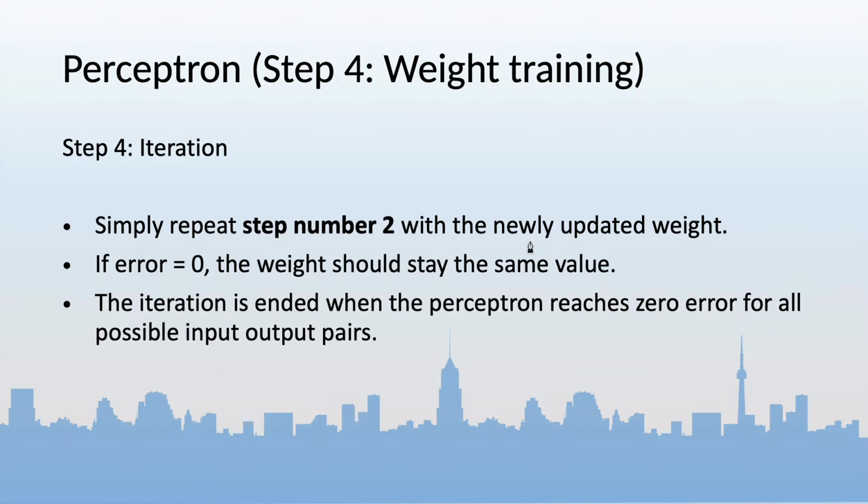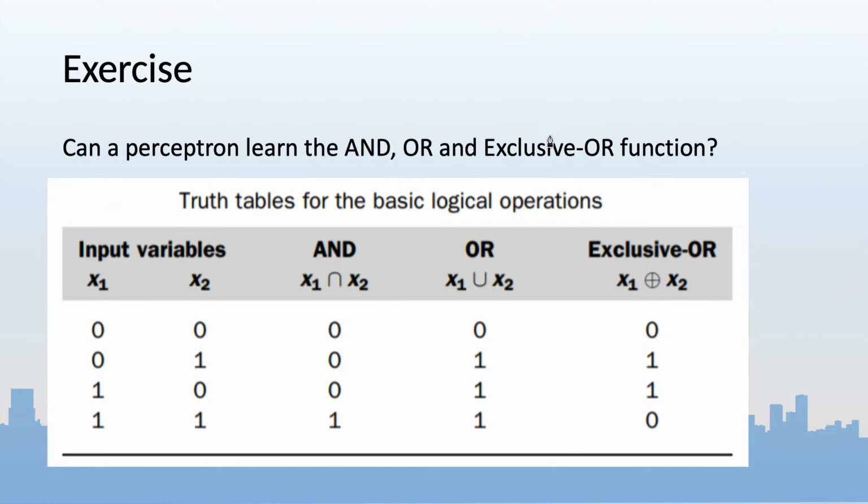We don't have to calculate the weight change. And then the iteration ends when the perceptron reaches 0 error for all the possible input output pairs. Okay, let's look at this example.